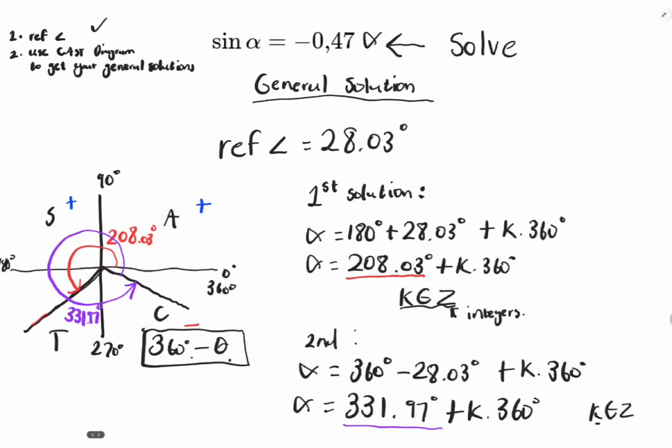So this is the form that I would highly suggest when you're going to get a general solution. Firstly, get your reference angle. Secondly, go to your CAST diagram and see where the given trig ratio is going to be, depending on whether you're given negative or positive. If here it was positive 0.47, we would know that it was going to be in the All quadrant and the Sine quadrant. That's where sine would be positive.